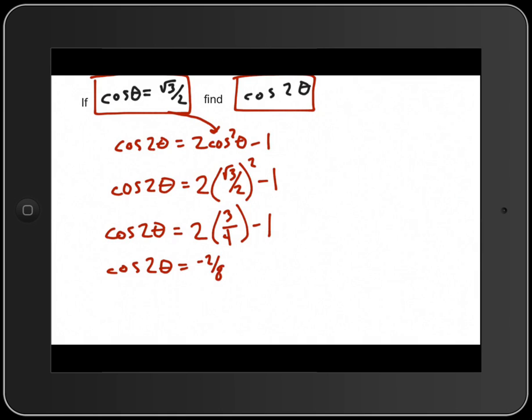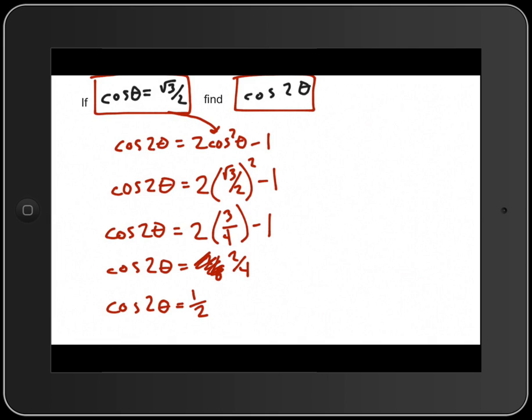Just try that in your calculator. The calculator will actually simplify that a little bit further. Oh my goodness, I make a little bit of an arithmetic error there. Let me back that up. This isn't 6/8, this is 6/4. Sorry about that. So 6, that's going to give us a different answer here. Sorry, 6/4. I guess I should have used a calculator. That's going to end up giving us 2/4 or 1/2 for our final answer.